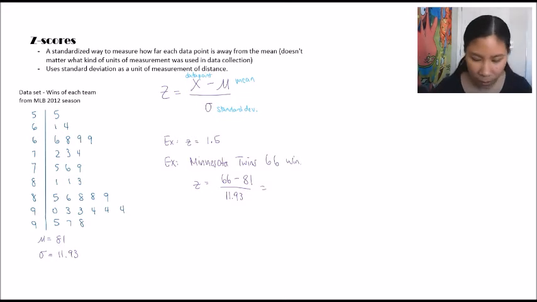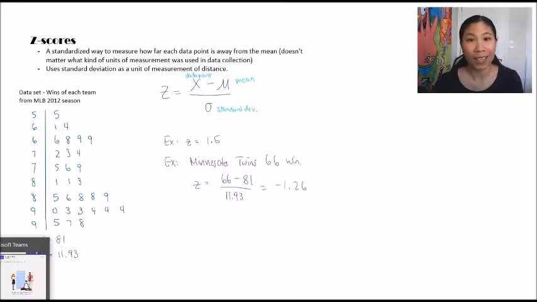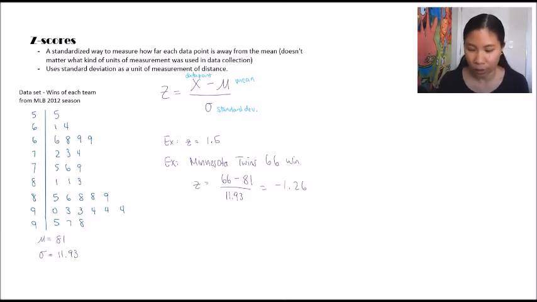So when you do that, you end up getting negative 1.26. So that would mean that the Minnesota Twins' amount of wins was 1.26 standard deviations below the mean. So they scored less than average because the average was 81. And specifically that distance of 1.26 standard deviations below the mean.